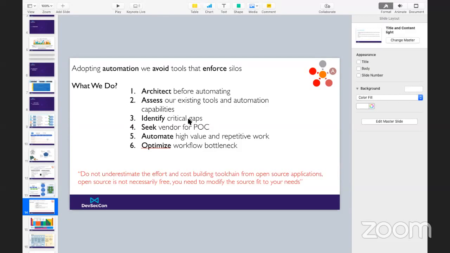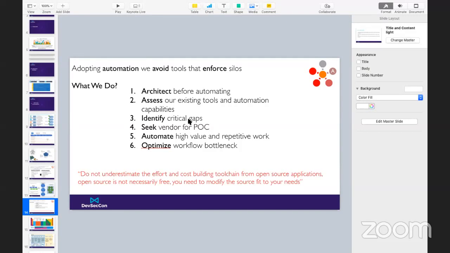So you see the highlight in the red text. It says never underestimate the effort and cost of building tool changes from open source applications, because open source is not necessarily free, and you need to modify the source to fit your needs.